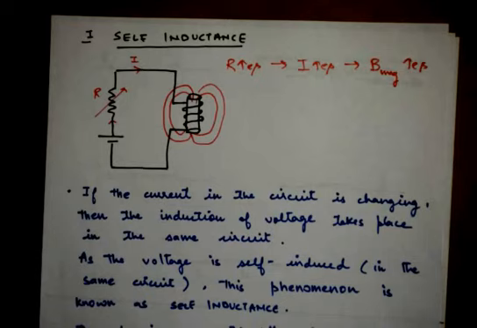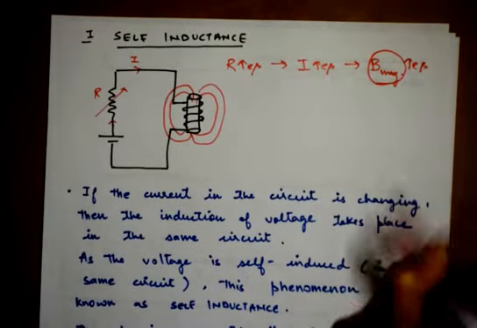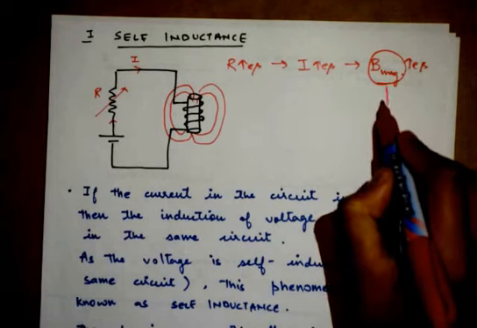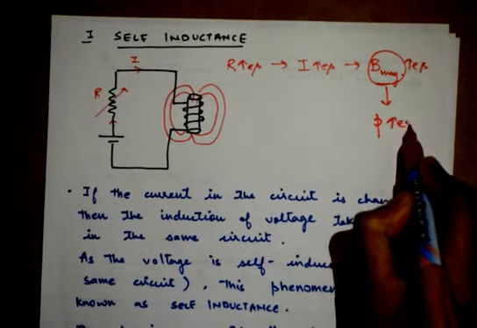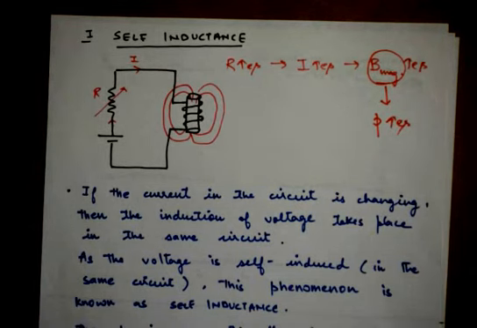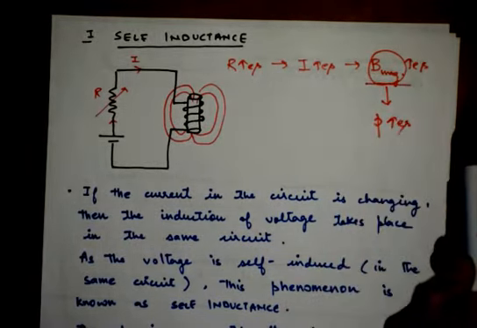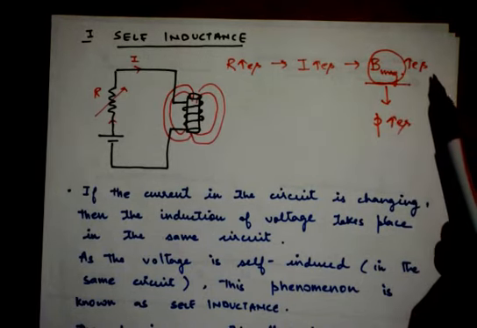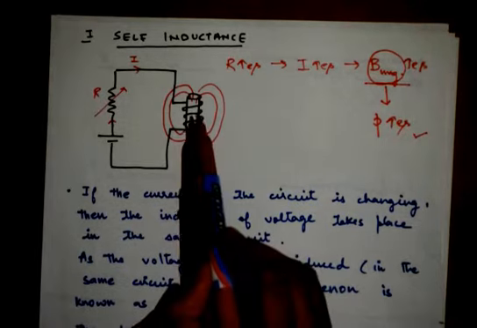If B increases, which further results in increasing the flux, obviously. So this magnetic field which is increasing will lead to flux which will also get increased. So the flux increases.